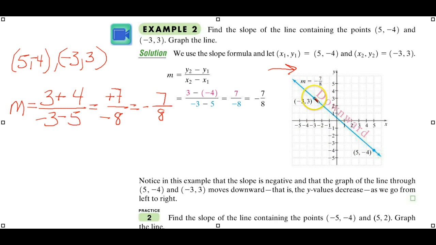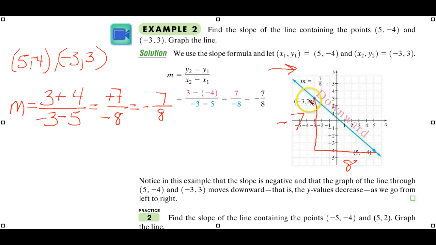So if we started here and went down 1, 2, 3, 4, 5, 6, 7, this is a negative 7 going downwards, and then going over this way there would be 8 units.